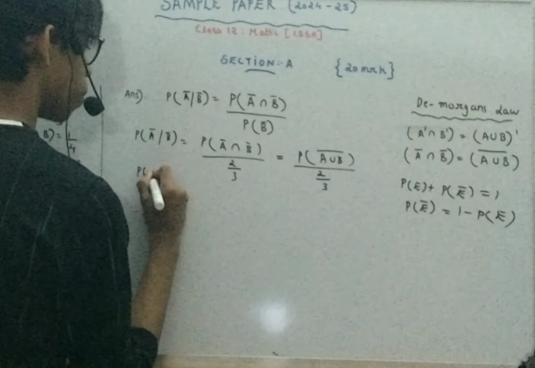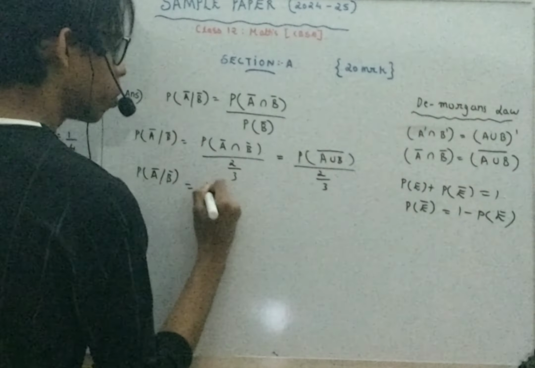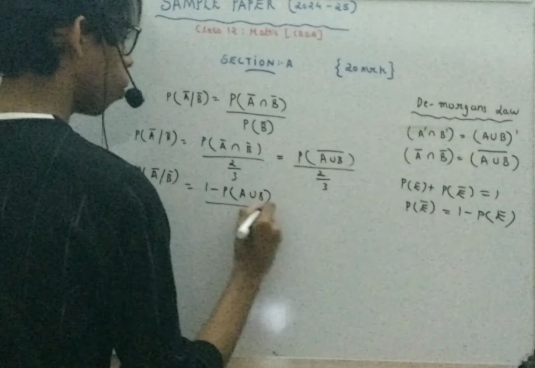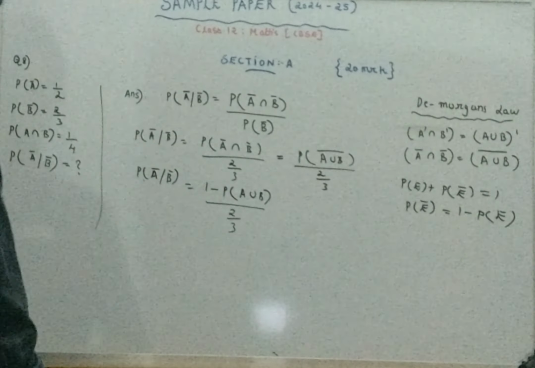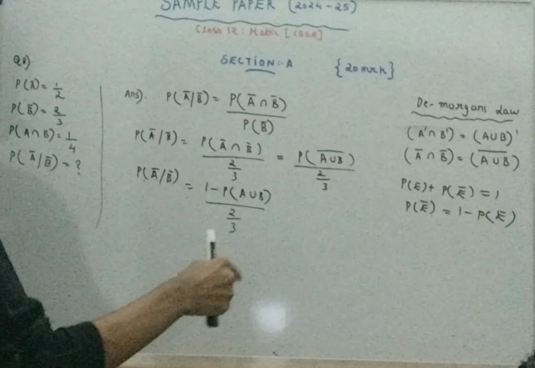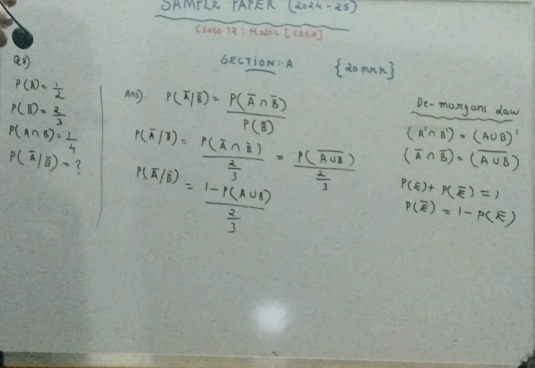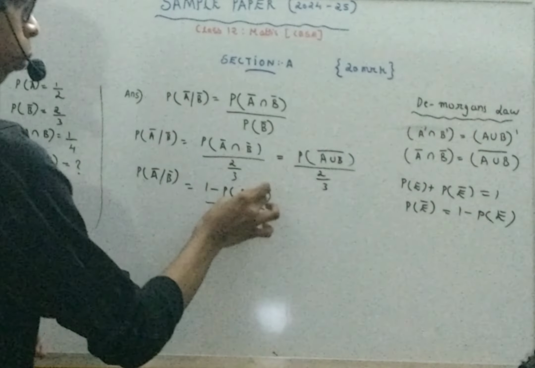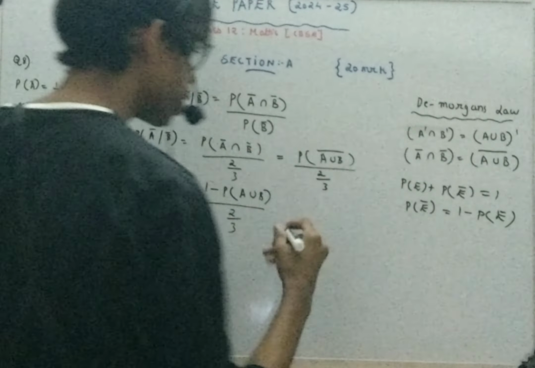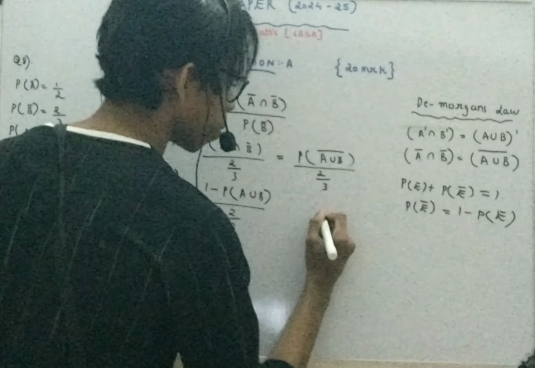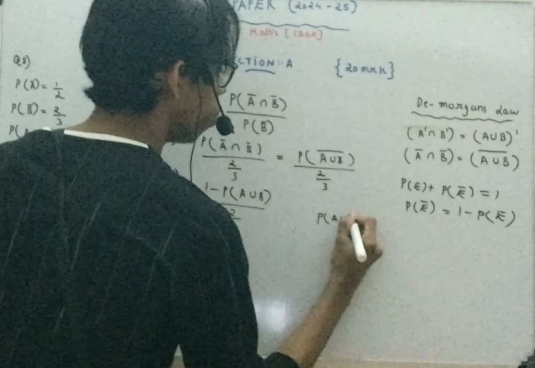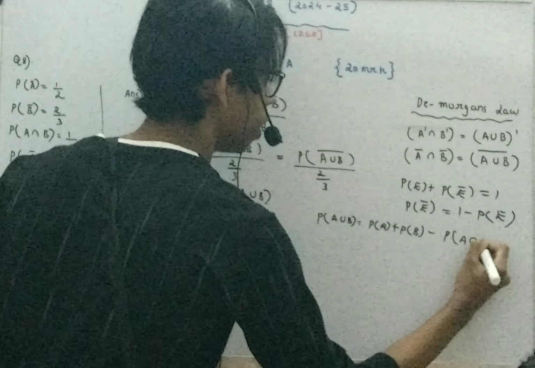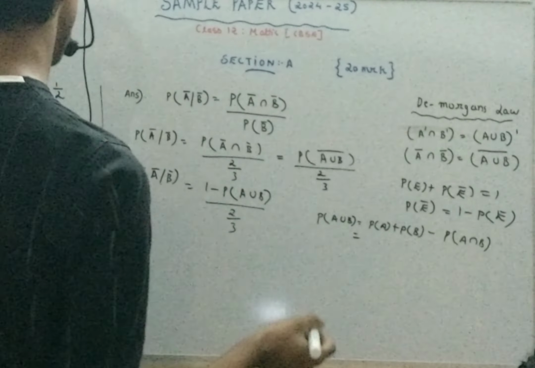We will be getting probability of not A given not B is equal to 1 minus probability of A union B, the whole divided by 2 by 3. Now our main task is to find the value of the probability of A union B. We know our relation between union and intersection, so we can just apply that formula. We know probability of A union B is equal to probability of A plus probability of B minus probability of A intersection B. Now you can just substitute the values.